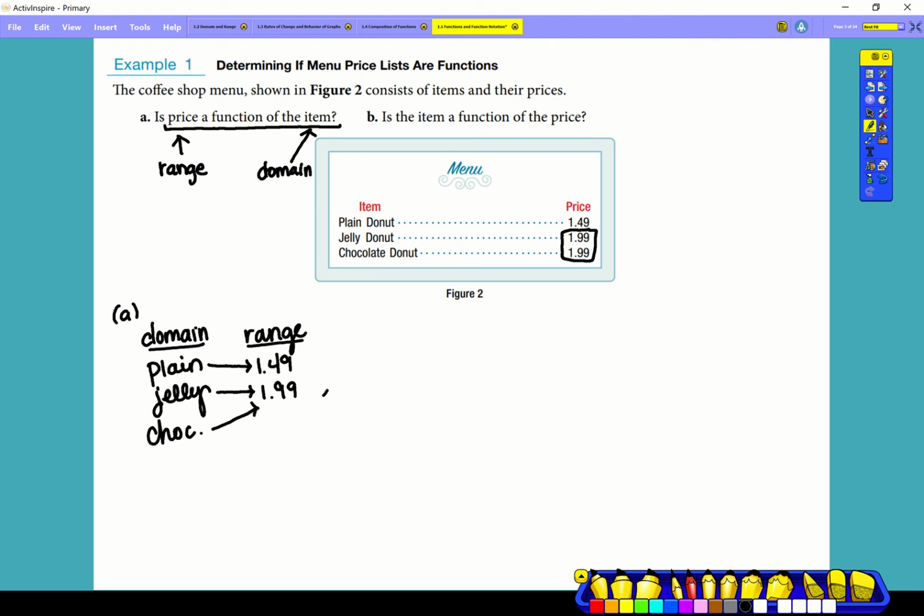They may be the same for two of the donuts, but that does not matter for now. So it is a function. So you would say yes, price is a function of the item.